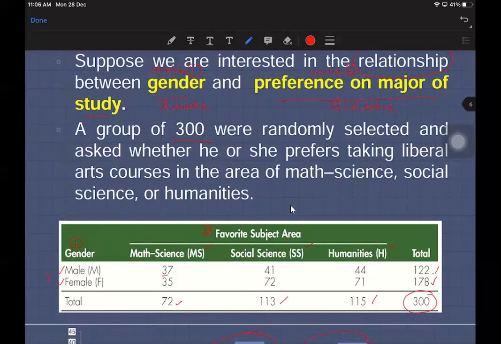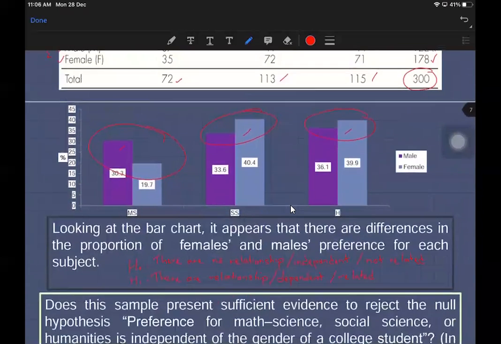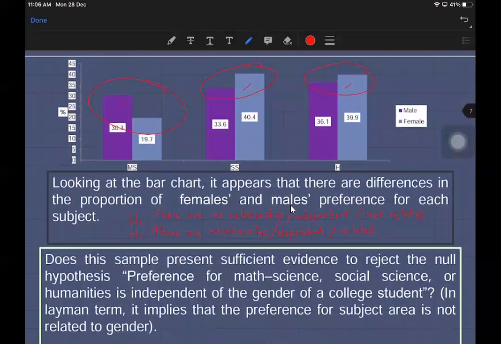So in this test of independence, we need to calculate our expected frequency. What is expected frequency? Expected frequency is the frequency when we accept the null hypothesis. What does the null hypothesis say?